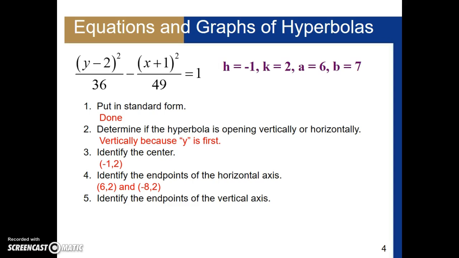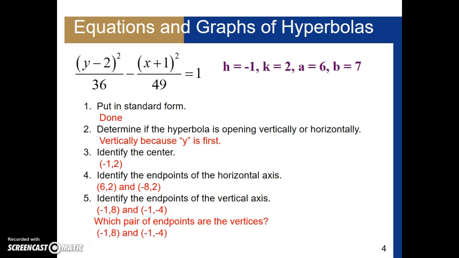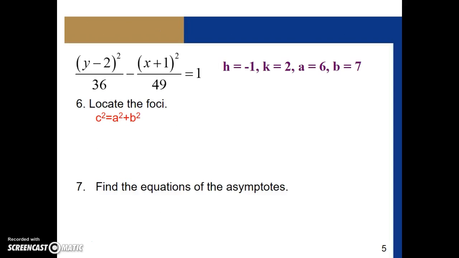The endpoints of the vertical axis, which is going to be our transverse axis, equivalent to the major axis, are going to be a distance of 6 above y equals 2 and below y equals 2. So the coordinates of those points are -1, 8 and -1, -4. Again, that is going to be our transverse axis, so those will be the coordinates of our vertices as well.